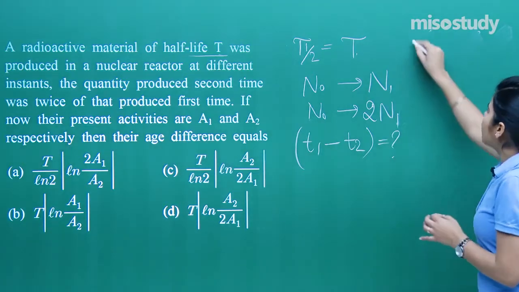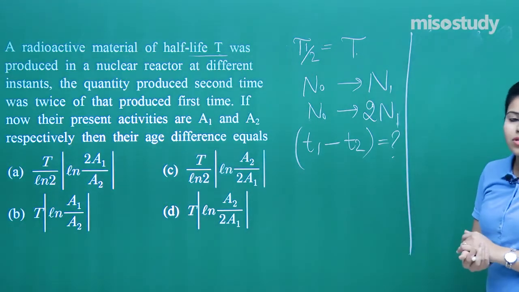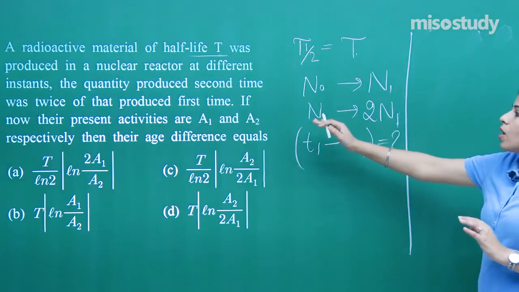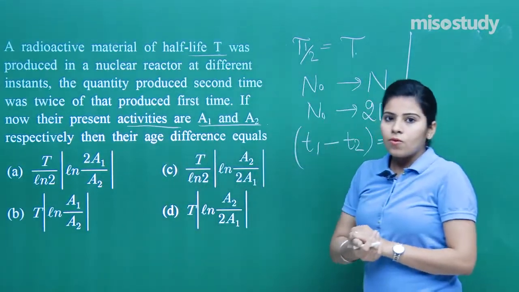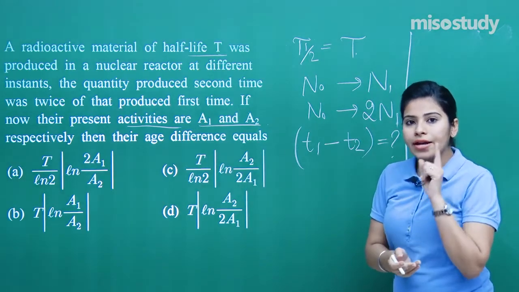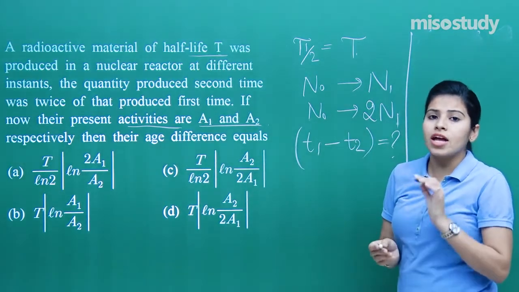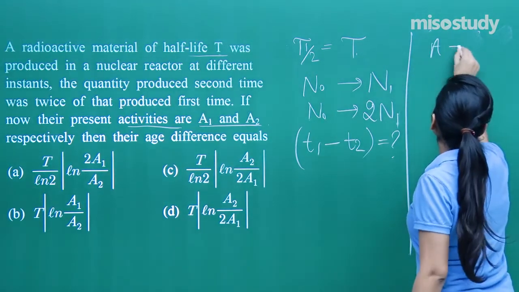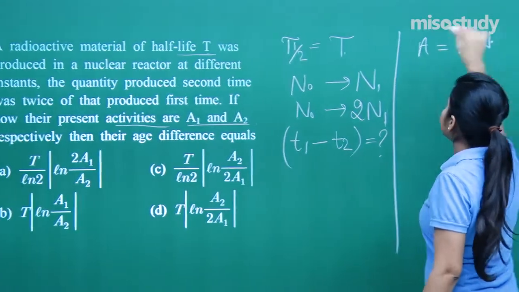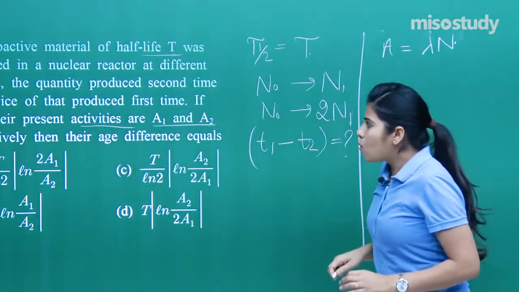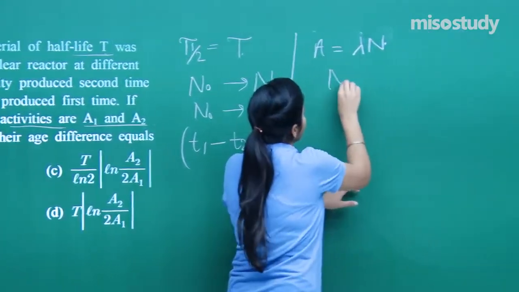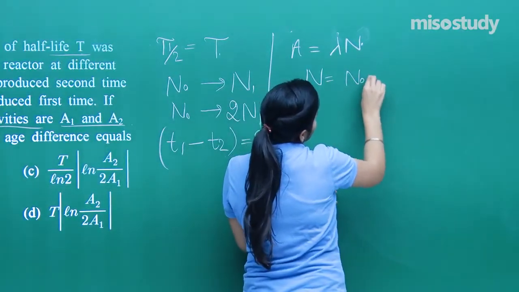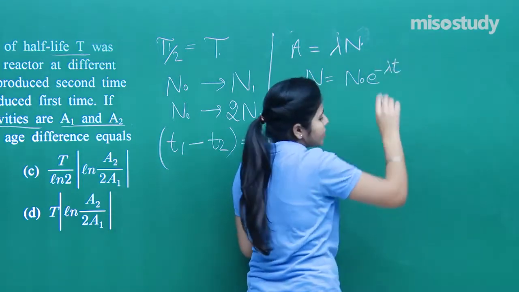So now what will be? You know that if there is a word activity, one formula should directly come to your mind, and that formula is A equals lambda N. Now we know that N equals N naught e raised to the power minus lambda t.